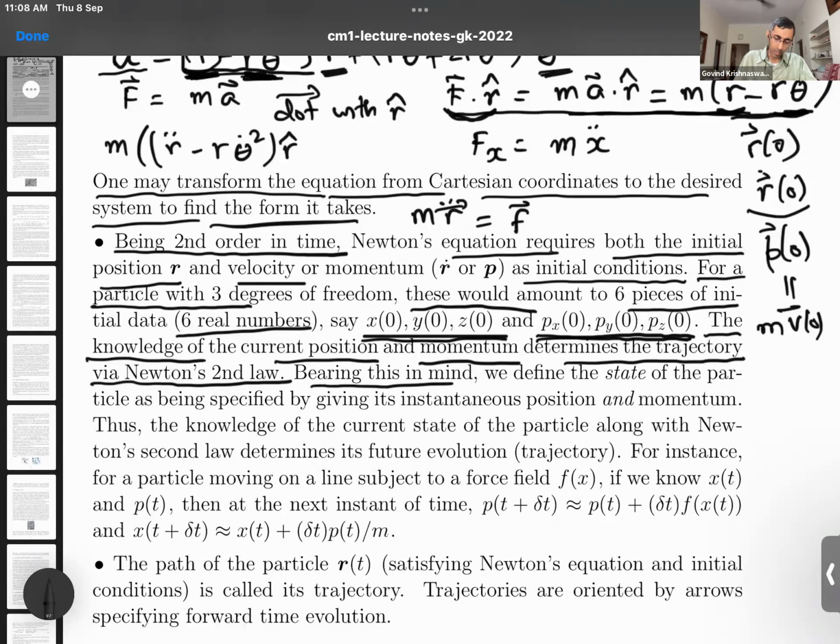So bearing this in mind, we define, and this is a technical concept, the state of the particle as being specified by giving its instantaneous position and momentum. Okay, because that is the totality of information needed to determine the future.